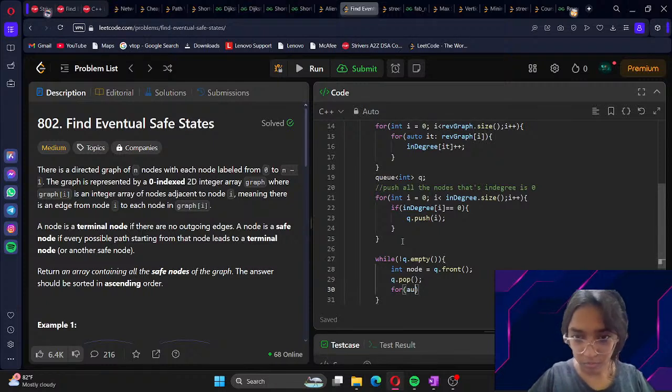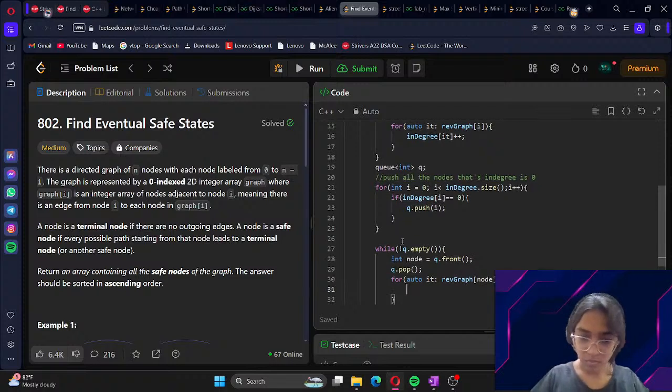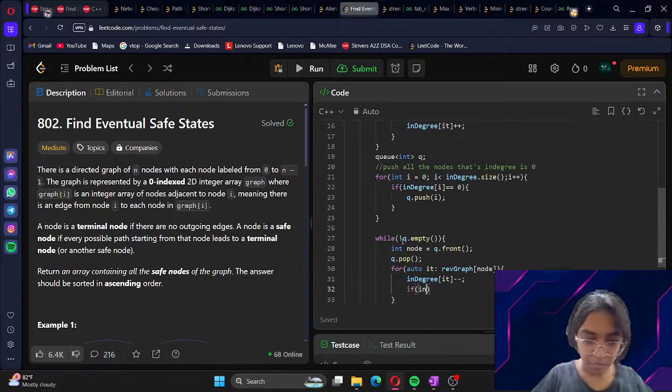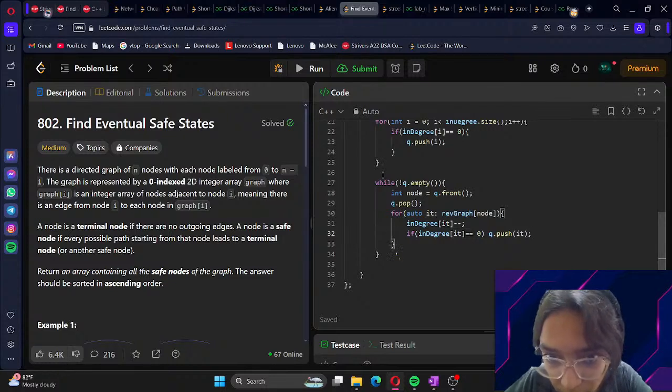For auto neighbor from this reverse graph of node, decrease the in-degree of i, and if in-degree of i is 0, q dot push i. This should work fine for topo sort.